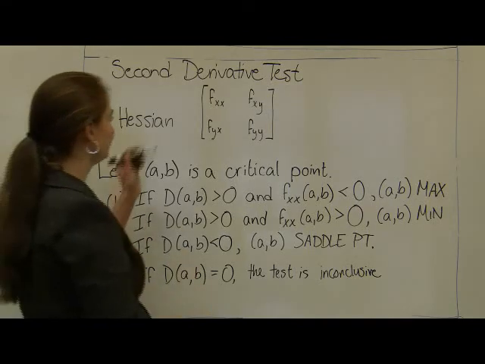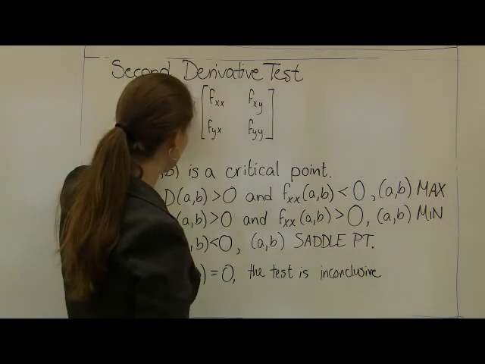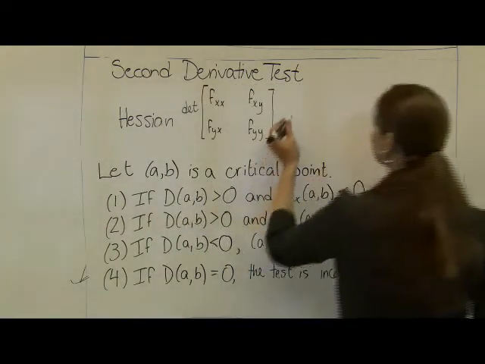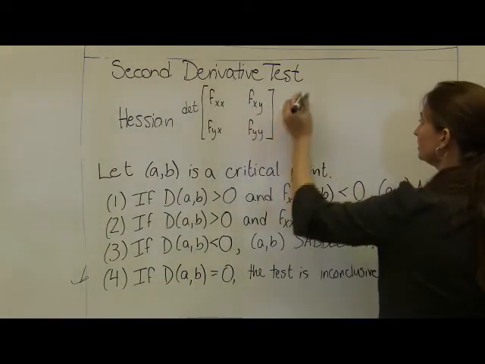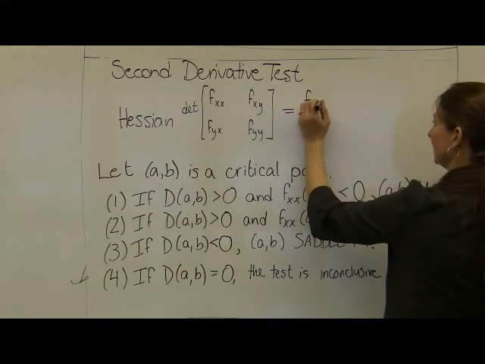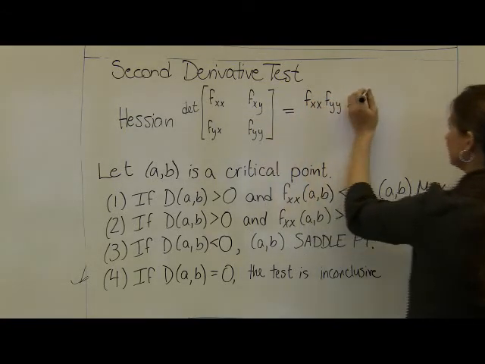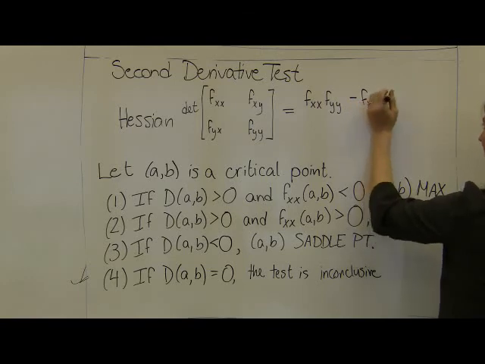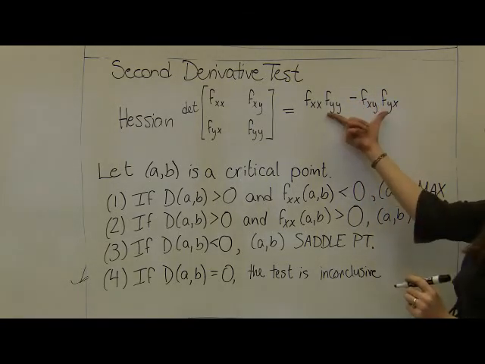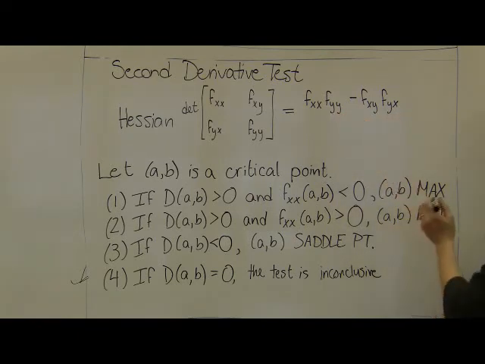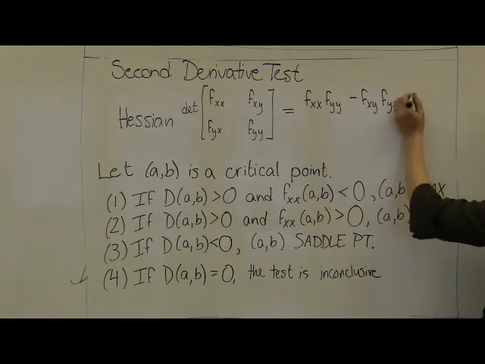If I take the determinant of this matrix, it's going to be the major axes multiplied together, f sub xx times f sub yy, minus f sub xy times f sub yx. This thing right here we call the discriminant, and we label it with a capital D.